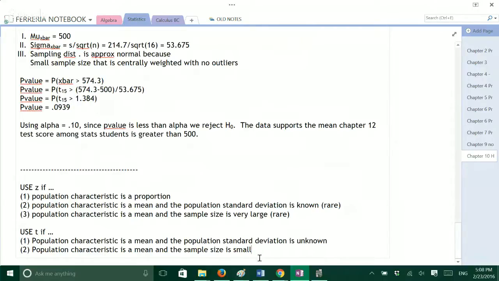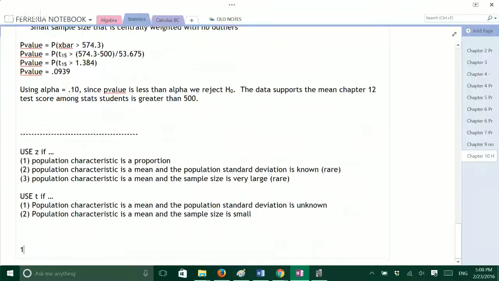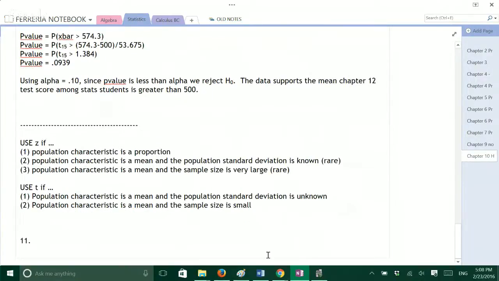Yeah, just for 11, what we're saying is that you should be using a T distribution. You're looking at a mean with an unknown population standard deviation, boom, you got the t distribution.